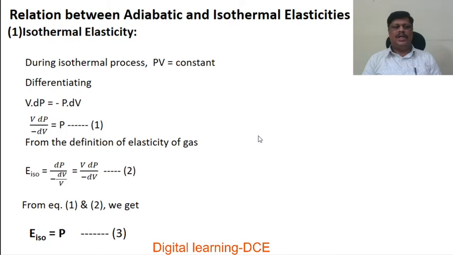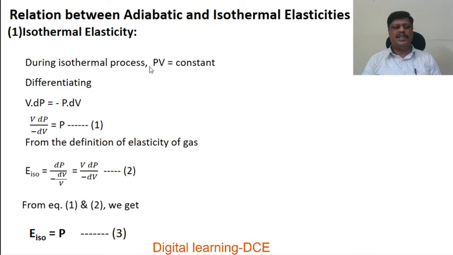Next, we are going to derive the relation between adiabatic and isothermal elasticities. First, what is isothermal elasticity? During the isothermal process, the equation can be written as PV is equal to constant.